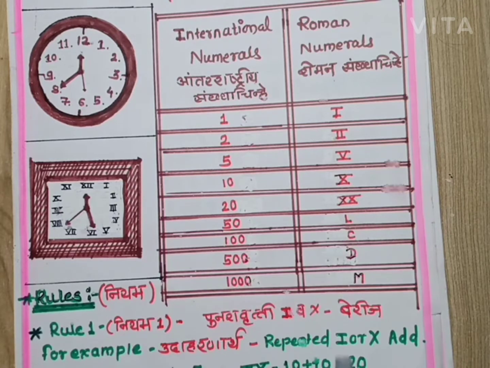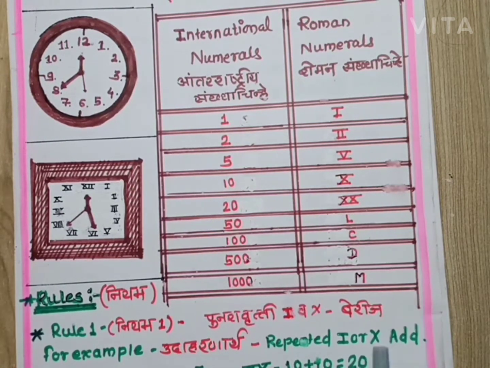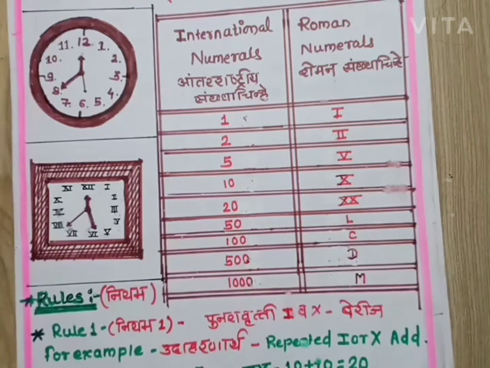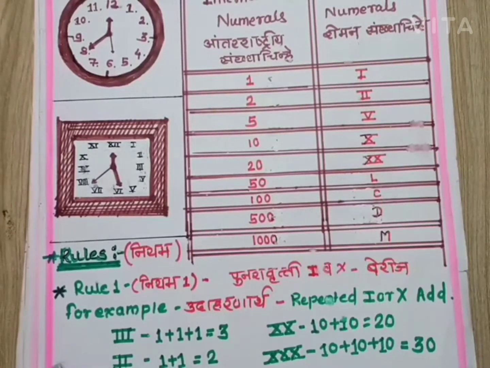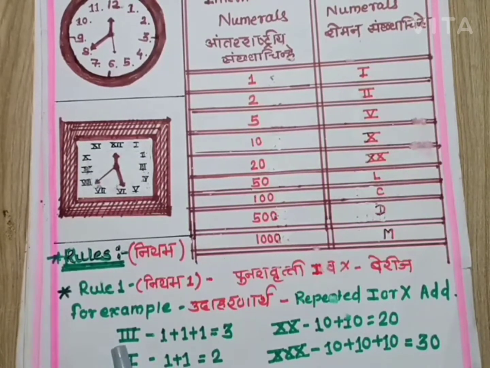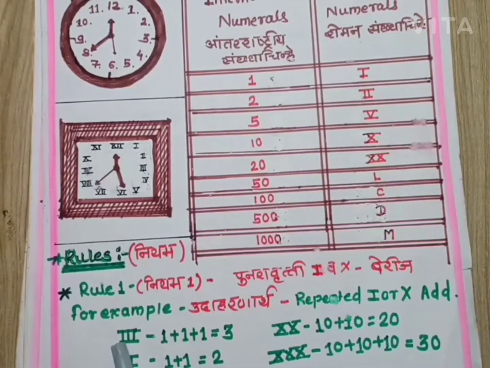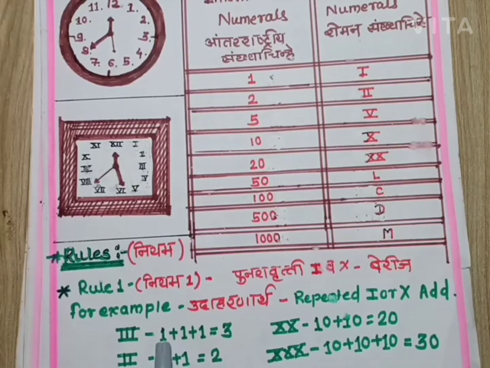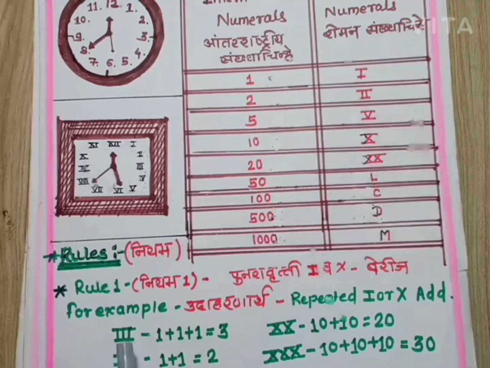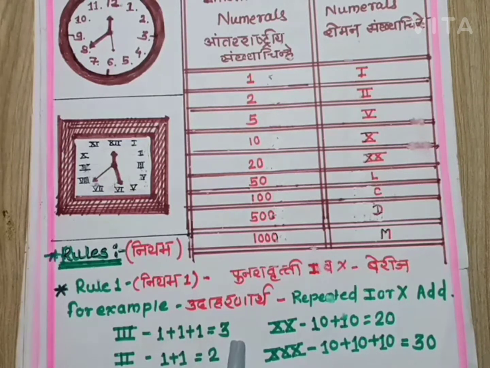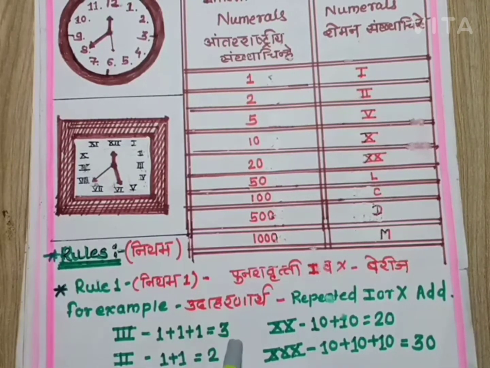That means if I or X is repeated, then the values are added. For example, here is triple I. We know that I gives the value 1, so for each I we take 1, and from the rule we have to add them, because there is a repetition of I here, and their sum total is the number they make.